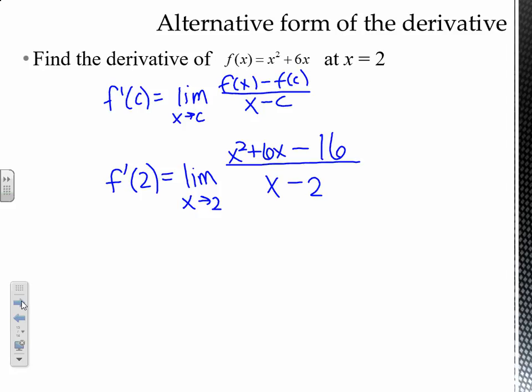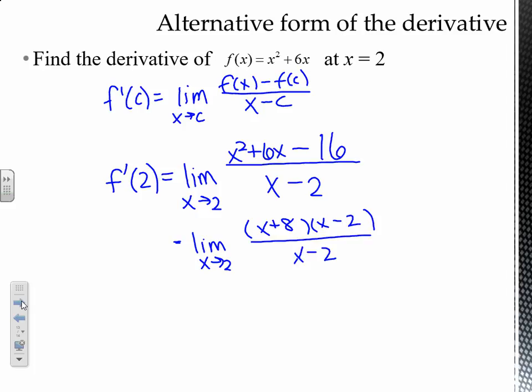All right. Can we plug in 2 to our limit? No. So what should we maybe try? What is our numerator factor to? X plus 8 times x minus 2. Very good. Okay.